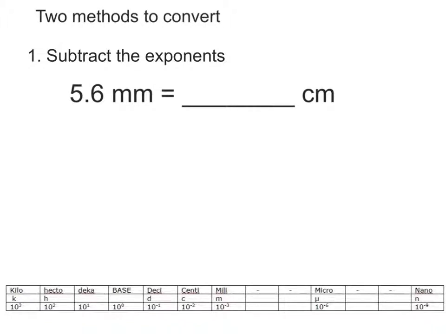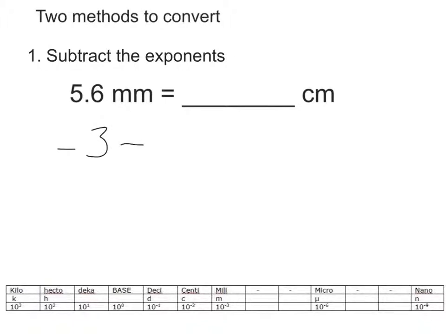I'm going to show you two methods of converting within the metric system. The first method is subtracting the exponents. Here's an example. We have 5.6 millimeters, and we want to convert it into centimeters. Our first step is to look at our table and find milli, which has an exponent on the 10 of -3.